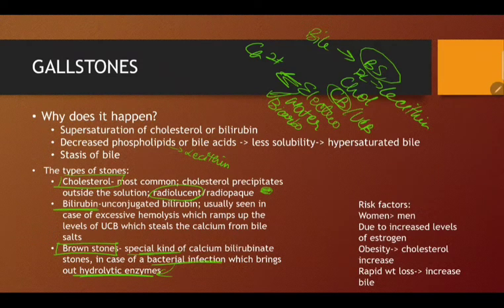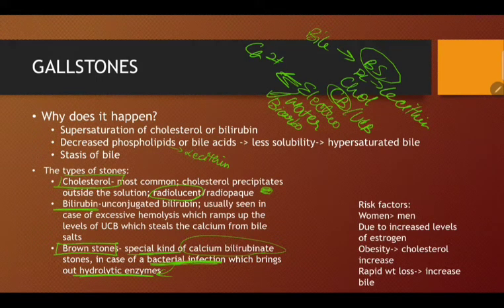The residual product of this cleaving can bind with the free calcium that has been released, and so now they form calcium bilirubinate stones. So when you see brown stones, it's always bacterial infection.